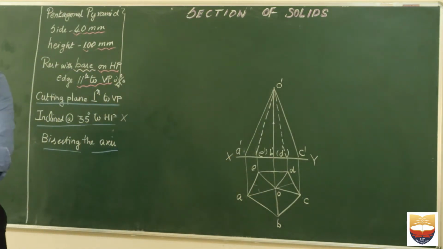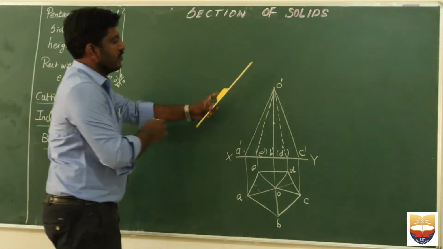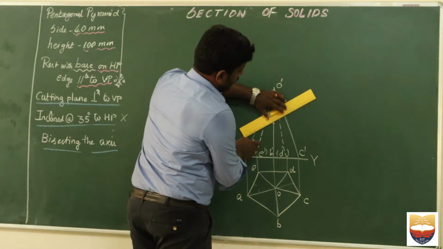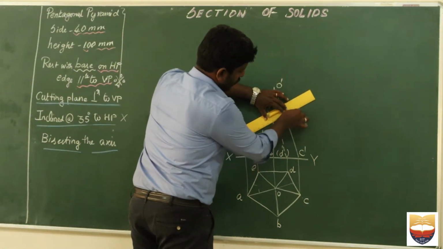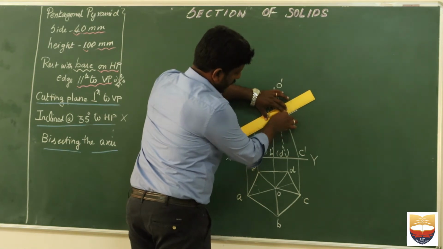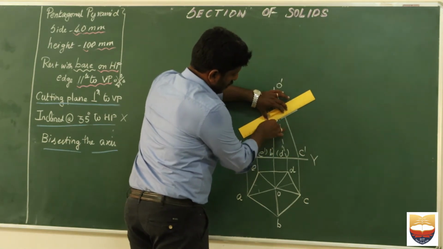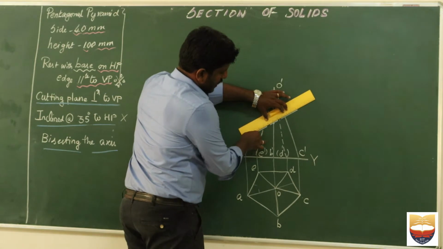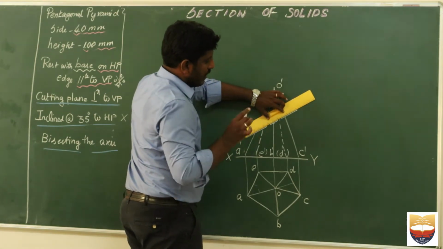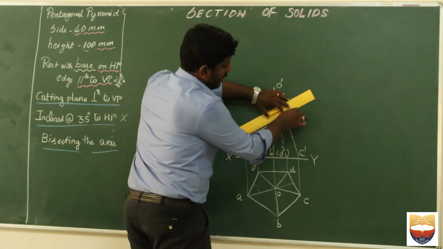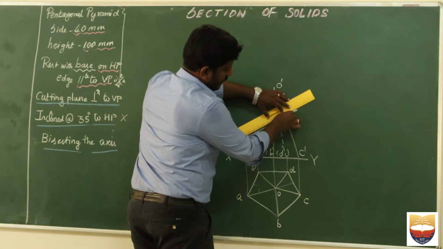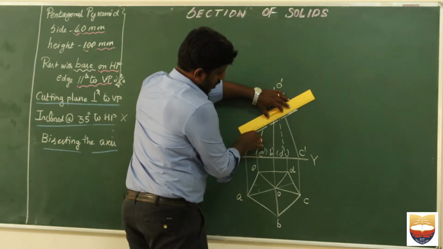So once I take it, I can draw my section plane here. As I told earlier, how to draw the section plane, you should have a longer dash, a shorter dash, and a longer dash, which is nothing but similar to a center line. Okay, but at the end it should be darkened.